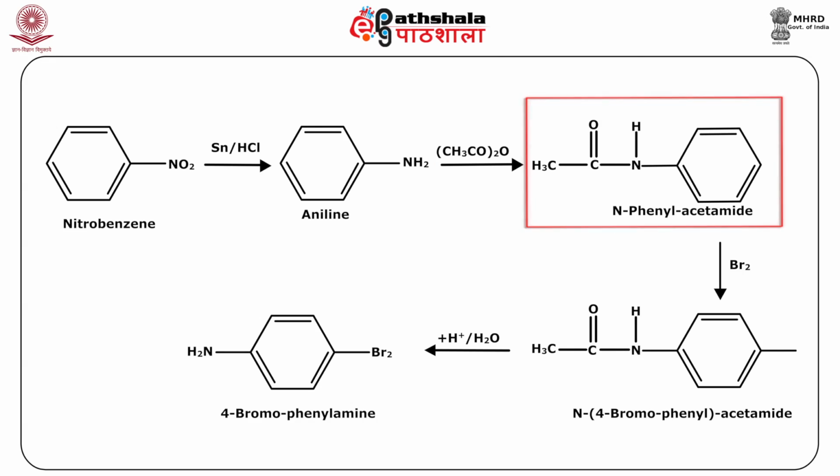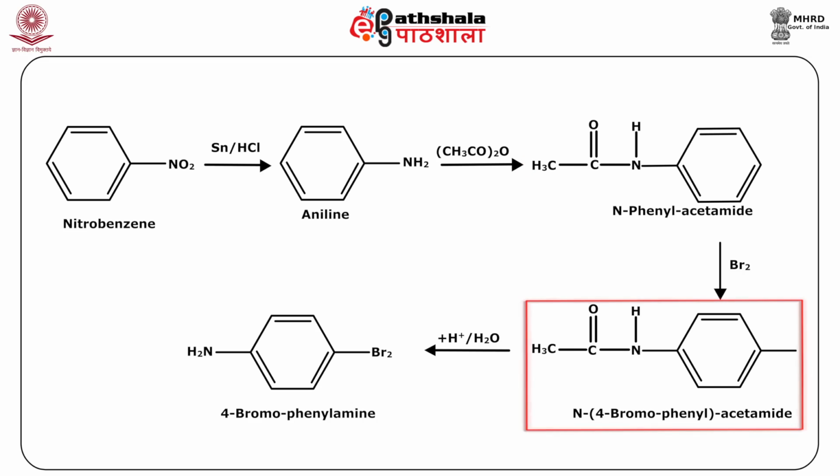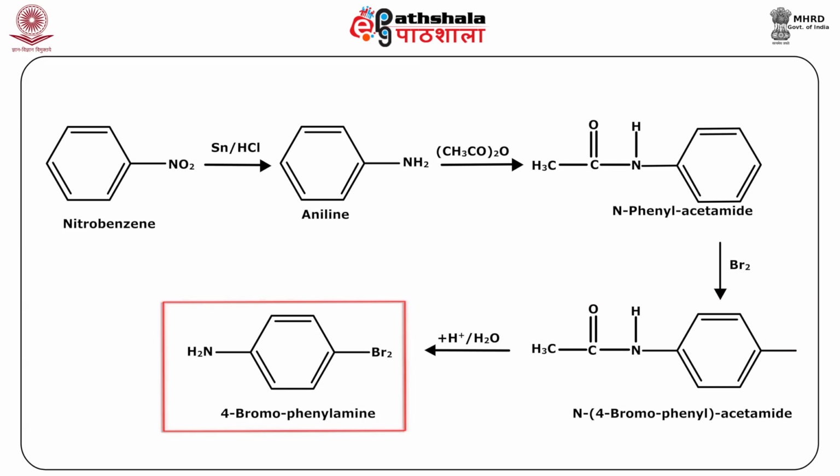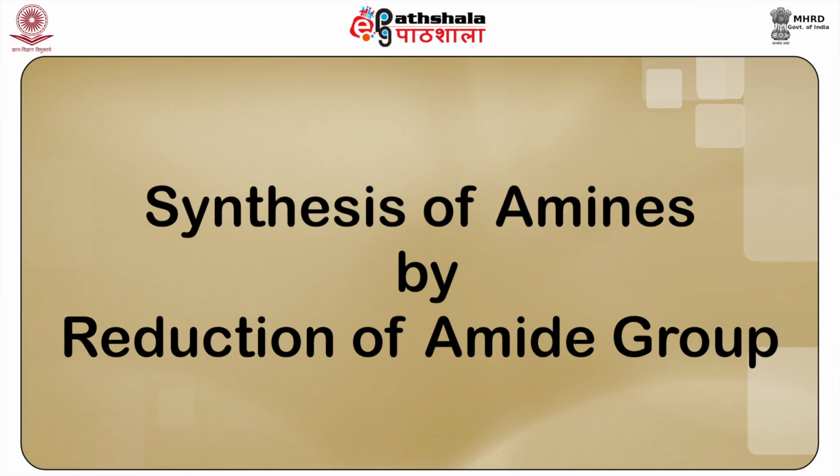N-phenyl acetamide is brominated using bromine to N,4-bromophenyl acetamide. In the last step, N-bromophenyl acetamide is then hydrolyzed to 4-bromophenylamine.